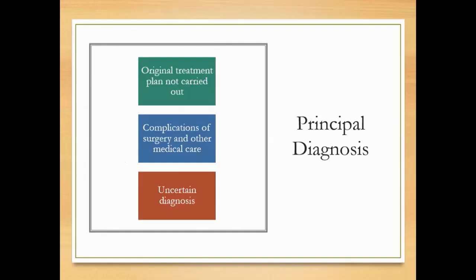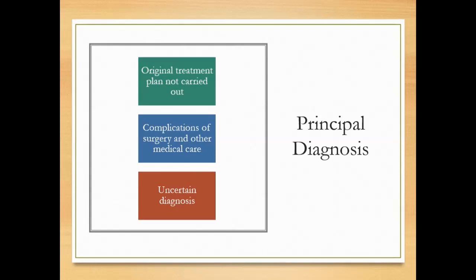Next up, situations where the original treatment plan is not carried out. So let's say a patient comes in today because they're going to have a cholecystectomy because they have cholelithiasis or cholecystitis, and the procedure or the treatment wasn't done.